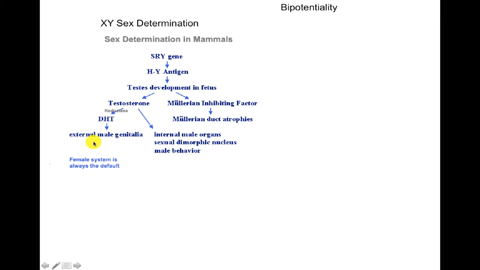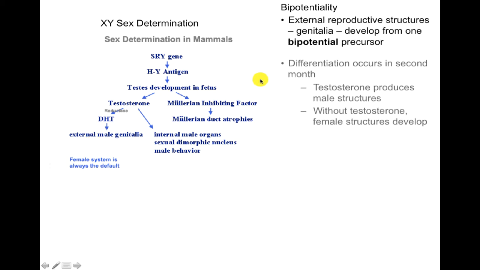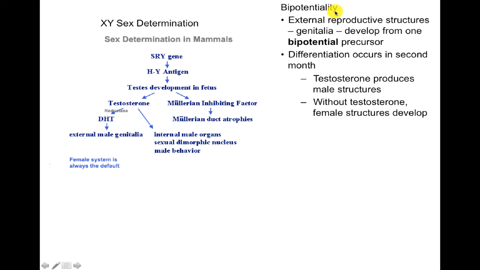Now there's this concept called bipotentiality, and that is reflected in that there is no differentiation early on between biological male and biological female. The initial development is absolutely identical in both males and females.